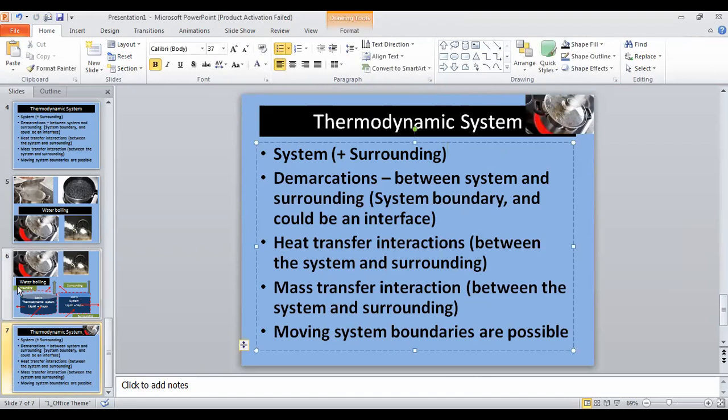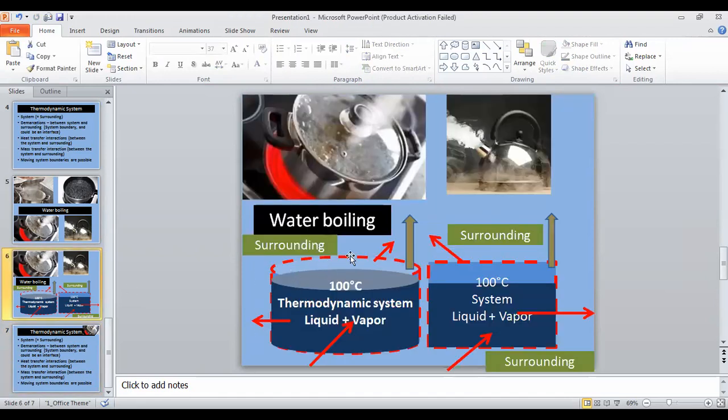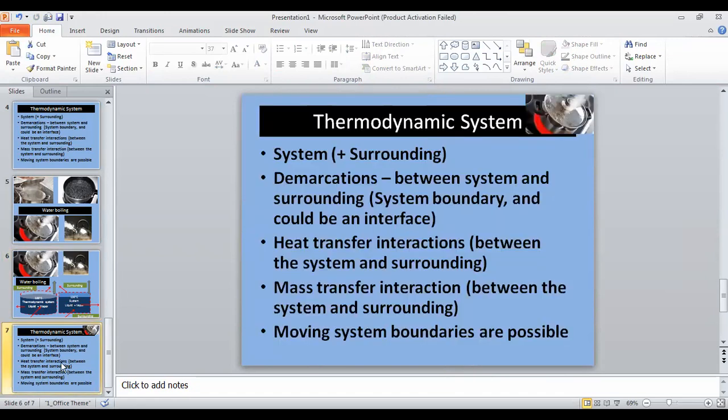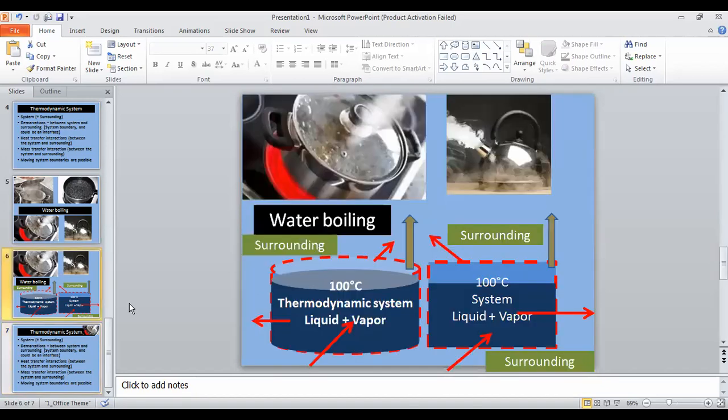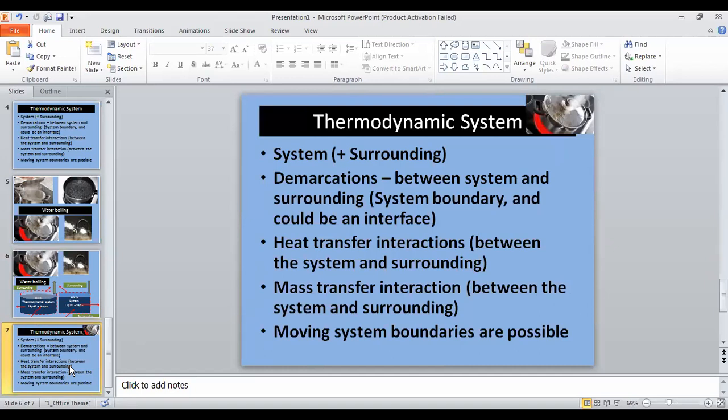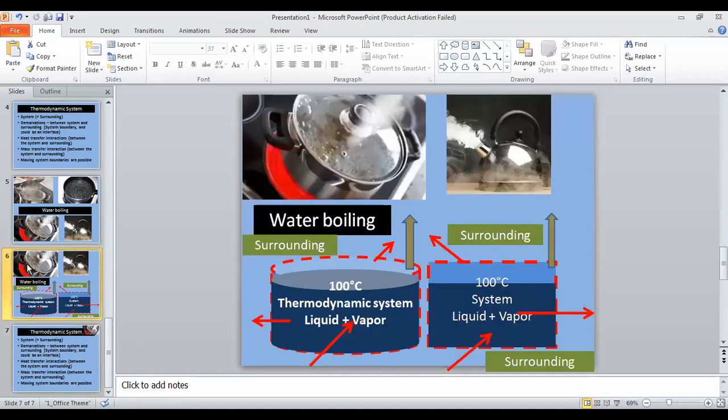Still valid. System plus surrounding. Demarcations between system and surrounding. You can see. Heat transfer interactions.